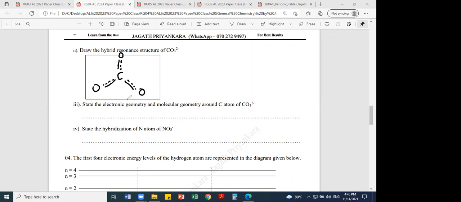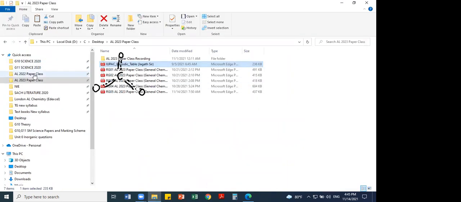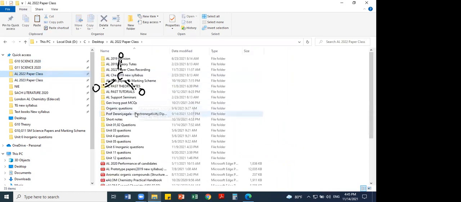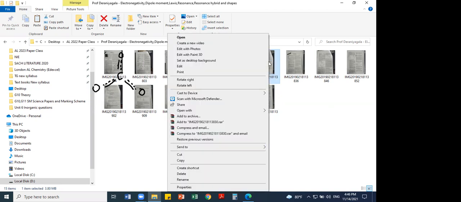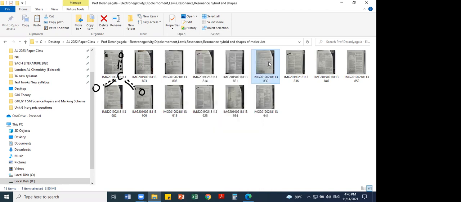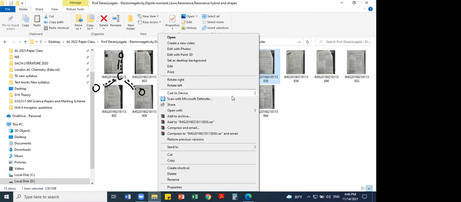Resonance hybrid. I think one of Professor Dharnegala's articles I shared with you, I'll show that also, then you can have an idea.